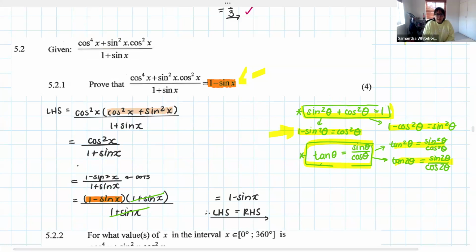Okay, there's a question. Sorry, I'm going to have to read it out loud, otherwise my brain doesn't compute. Ma'am, when are we allowed to cancel if there's 2 coses or 2 sines? For example, are we allowed to cancel 2 cos squared x in the first line? So just be careful. You can only cancel things that are in the numerator and in the denominator.